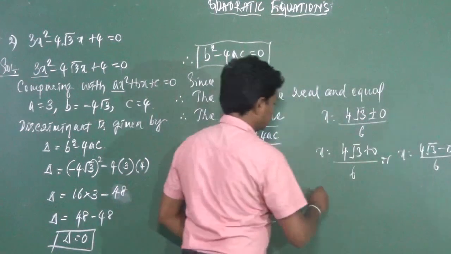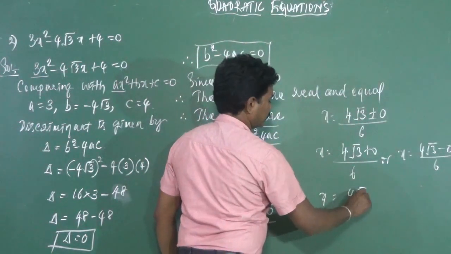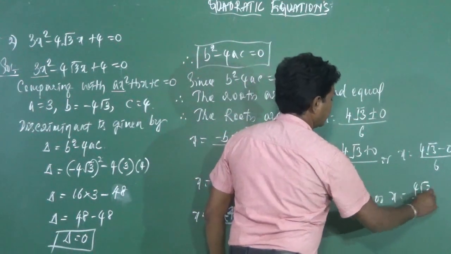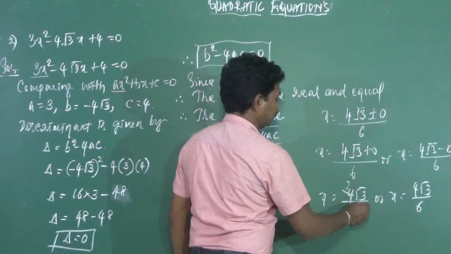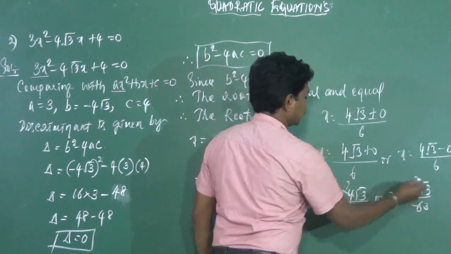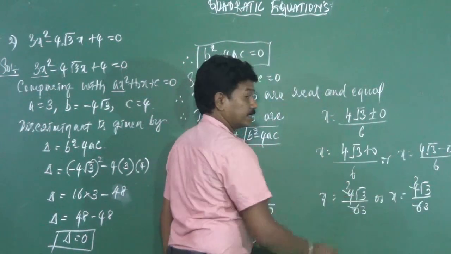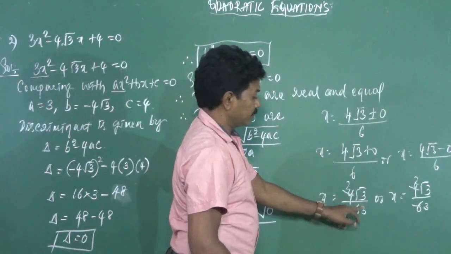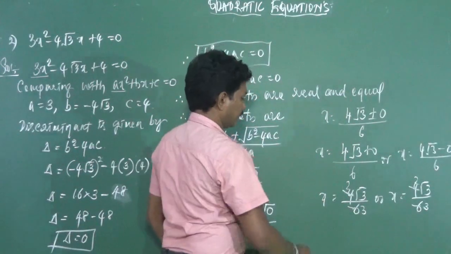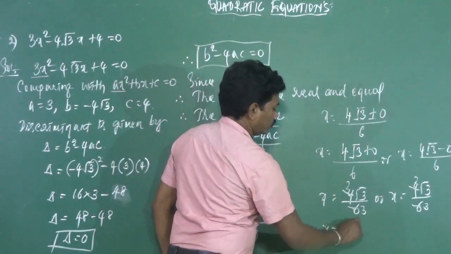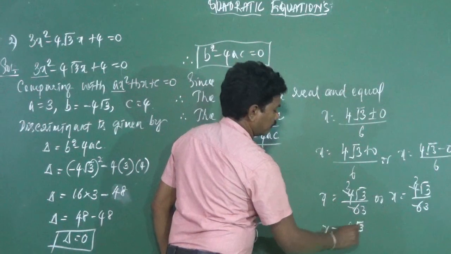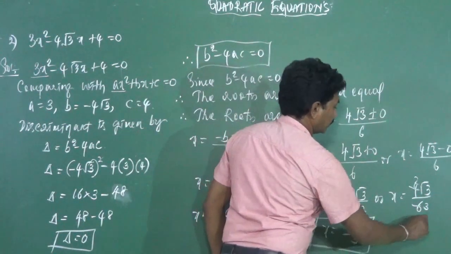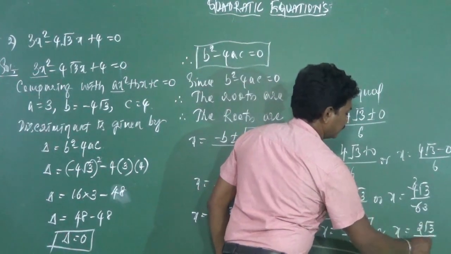So x is equal to 4 root 3 by 6, or x is equal to 4 root 3 by 6. So 2 2s are 2 3s are, you can cancel. You cannot cancel 3 and root 3 because root 3 is an irrational number and 3 is rational. So x is equal to 2 root 3 by 3 is one root, or x is equal to 2 root 3 by 3 is another root.